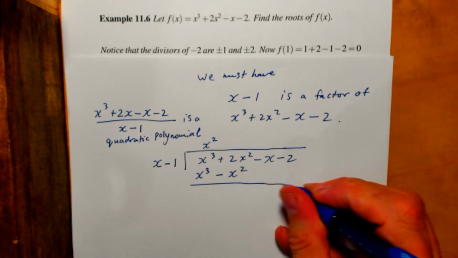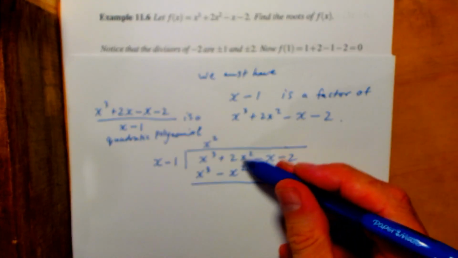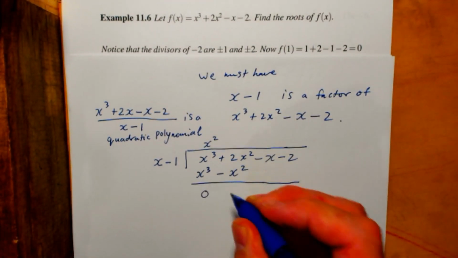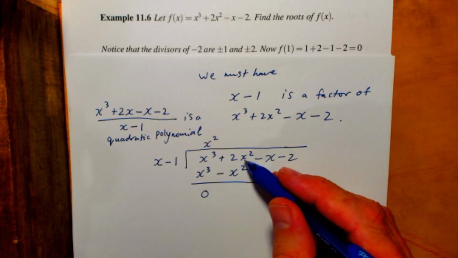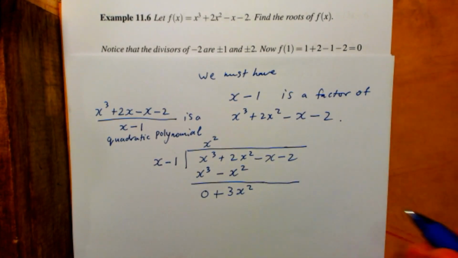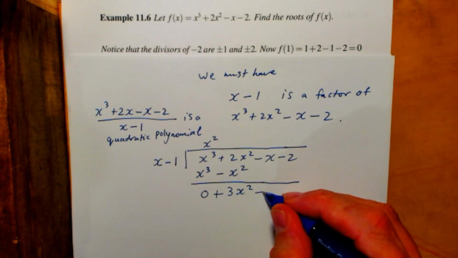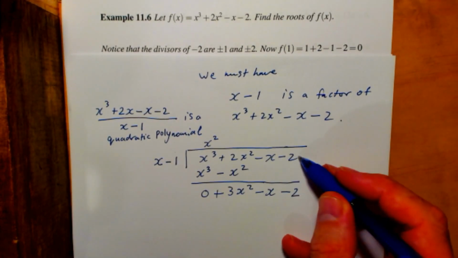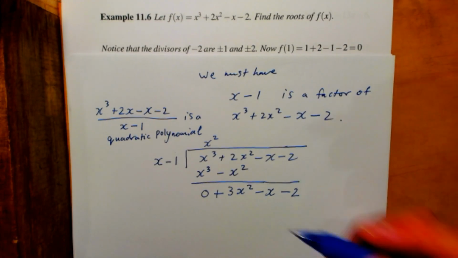Draw a line and take a difference of this minus this. Okay, so then we have 0 for that. We have 2x squared minus x squared is 3x squared. We bring this down because that's minus x minus 2, take 0, which just gives this.